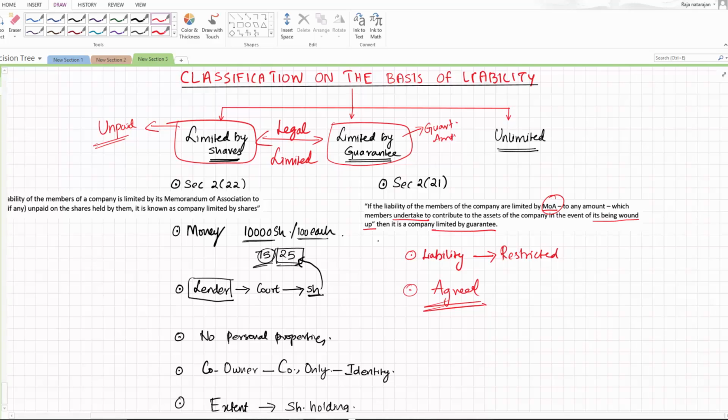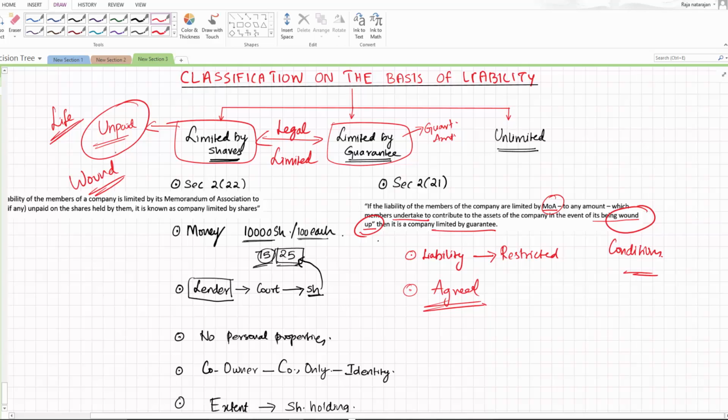Now, what is the difference between these two? In a company limited by guarantee, members will be called upon to discharge their liability only after the winding up process starts, and only subject to certain conditions. Whereas in a company limited by shares, they can be called upon to pay the unpaid amount at any time, which may be during the lifetime of the company or when the company is being wound up.